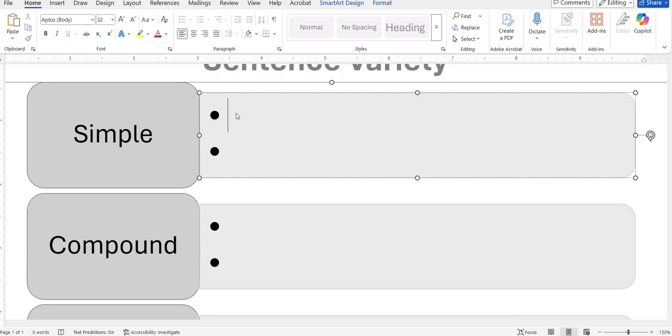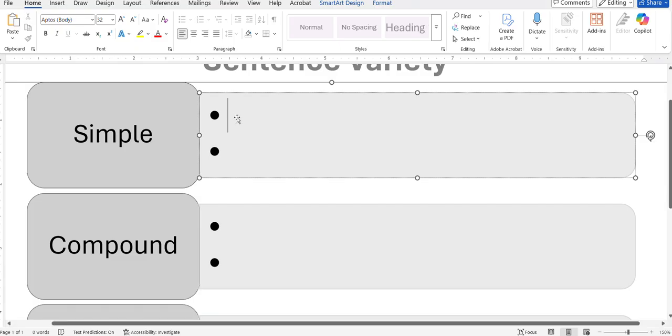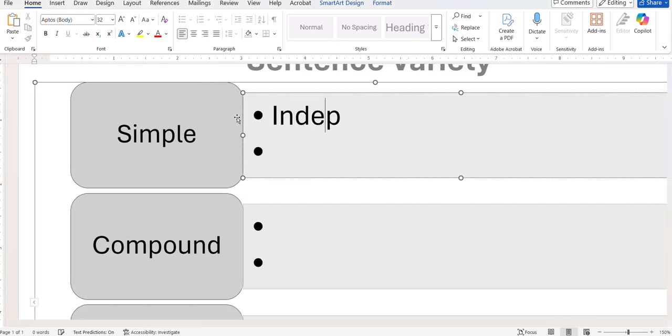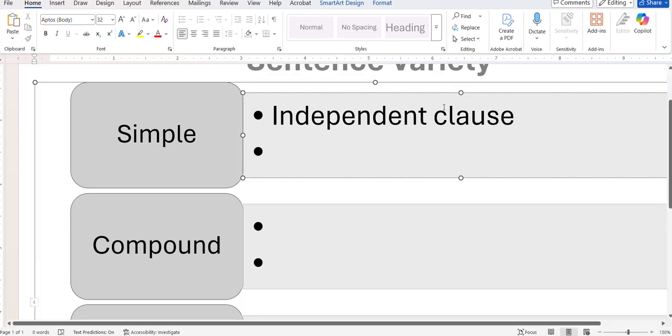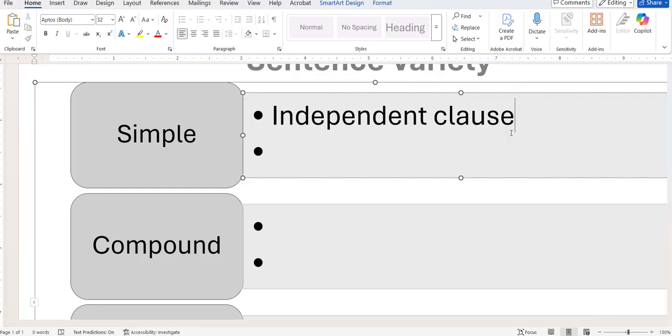Okay, so a simple sentence. This is just a complete independent clause. Why are you not typing? There we go. Yes, independent clause, which remember is just the fancy way of saying a complete sentence. But going all the way back to our subjects and predicates, it's going to have a subject and a predicate.